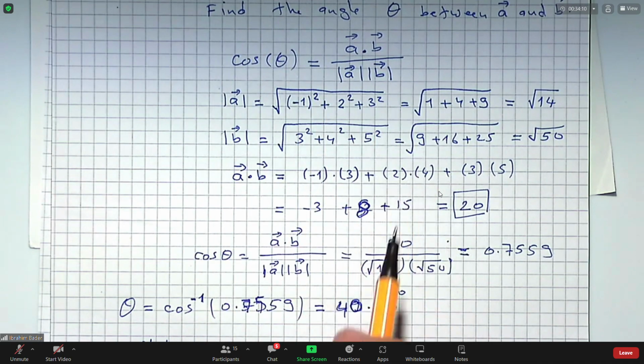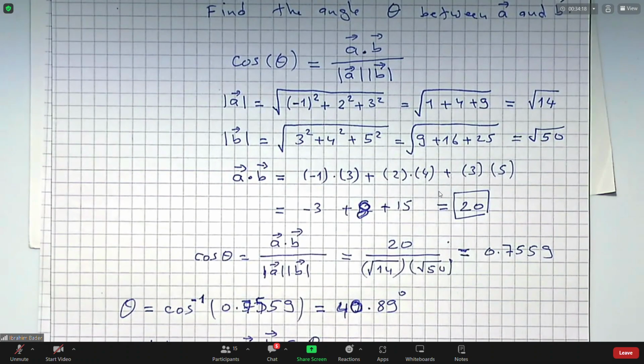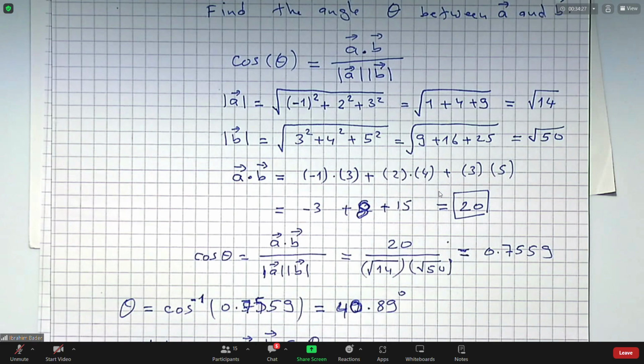So the ultimate outcome is a real number. This is a very important remark: the result of the dot product is a real number.